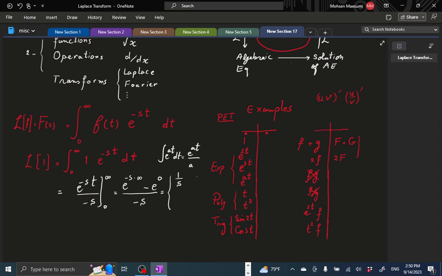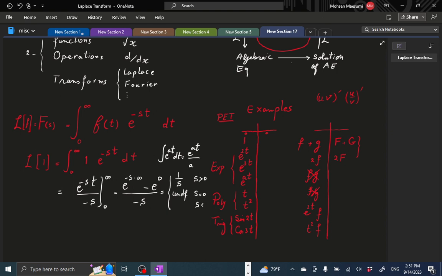So this is the case where s is a positive number. Well, how about s is 0? Well, if s is 0, going back there, the integral of 1 from 0 to infinity, that's infinity. So that is not defined. So undefined.